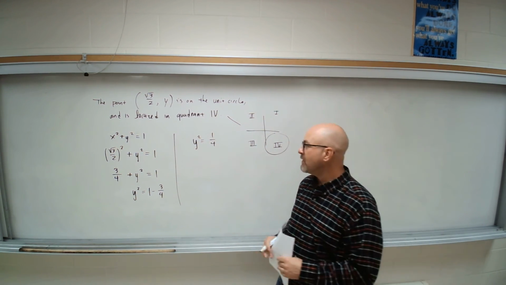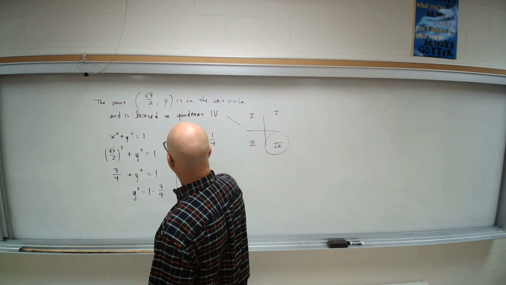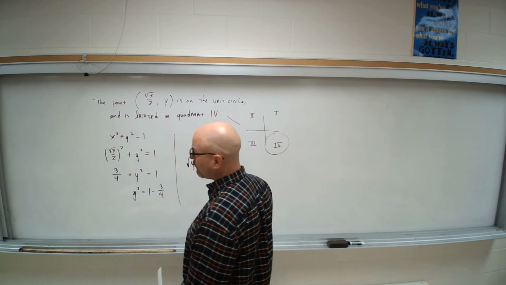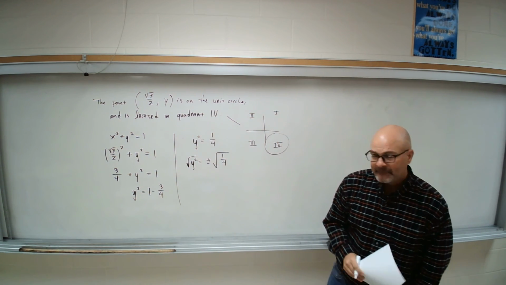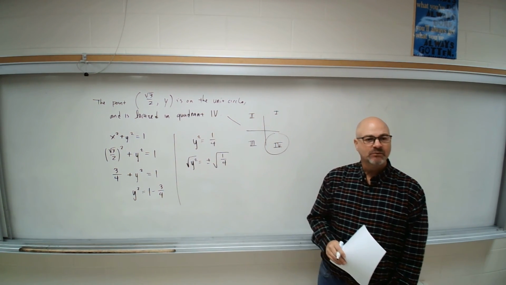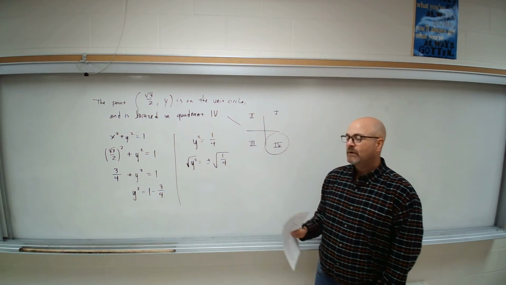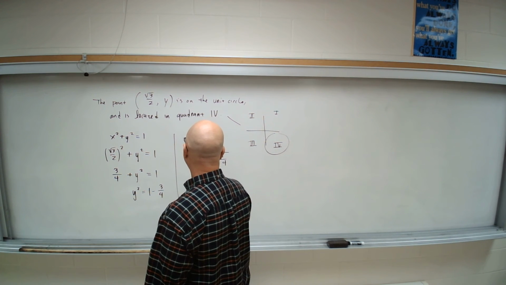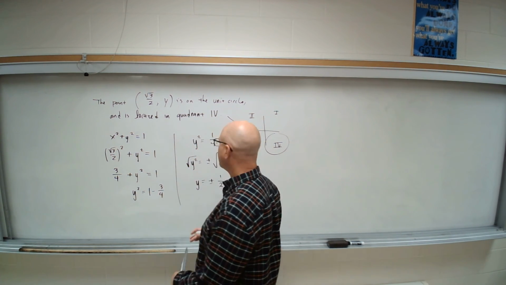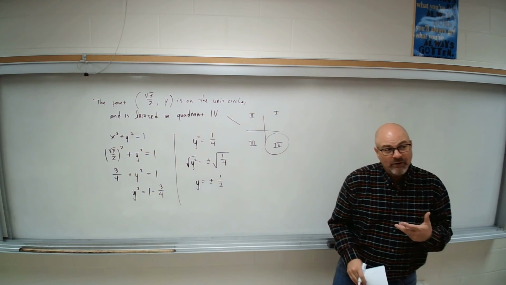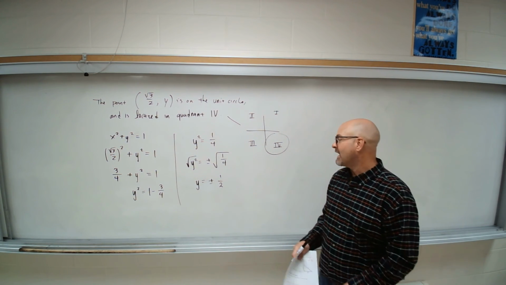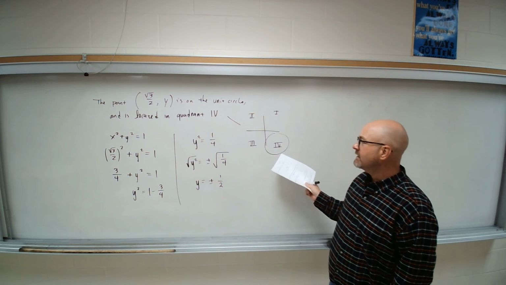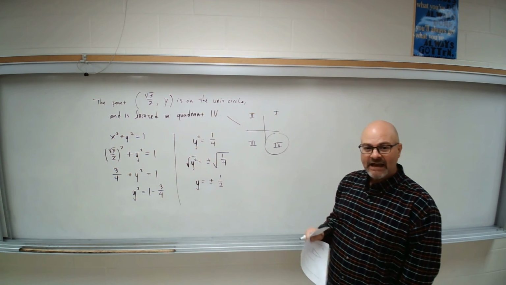So again, we're solving for y. We're going to square root both sides. So plus or minus the square root of 1/4. Now luckily we know that the square root of 1 is just 1. We know that the square root of 4 is just 2. So we get y equals plus or minus 1/2, but that's not quite the answer, because with this one, we said it was in the fourth quadrant, which we know the y value would be negative.